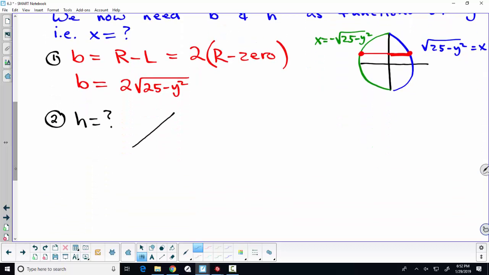Here's our equilateral triangle. Just pretend. So we have all of the sides equal. And then here's our h. So really what we're looking at is this triangle, where that's our h.